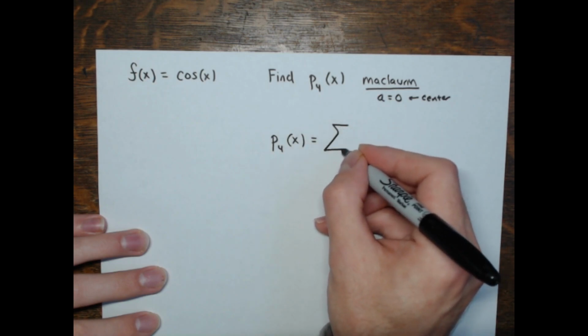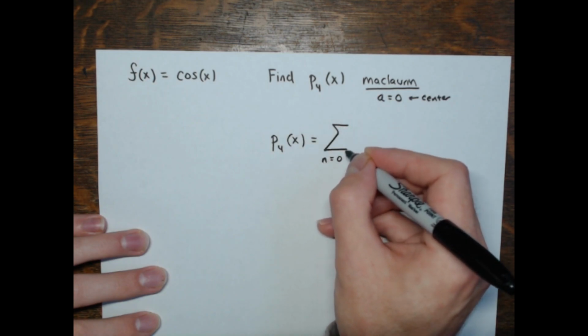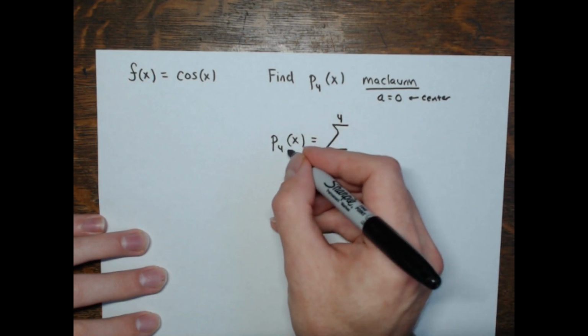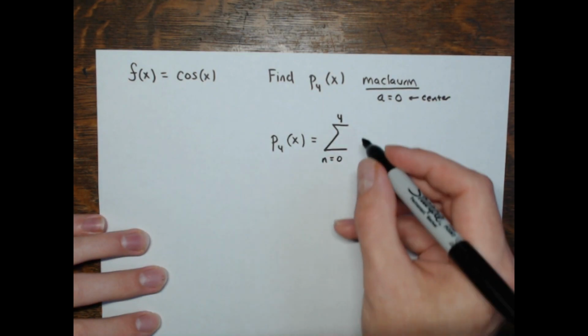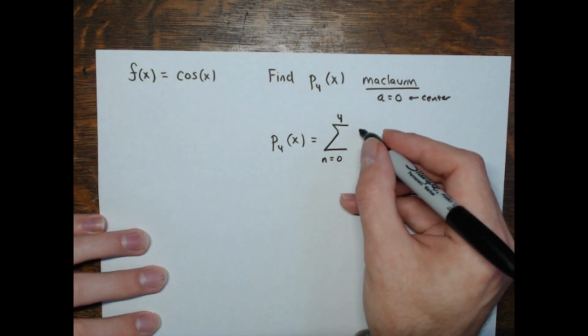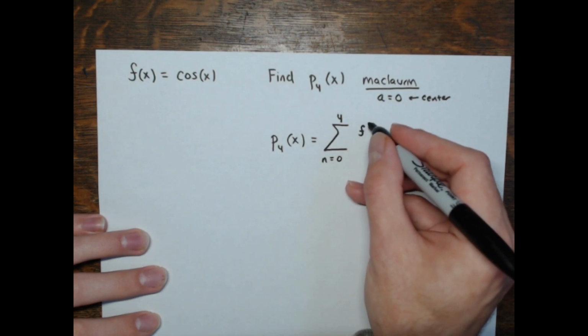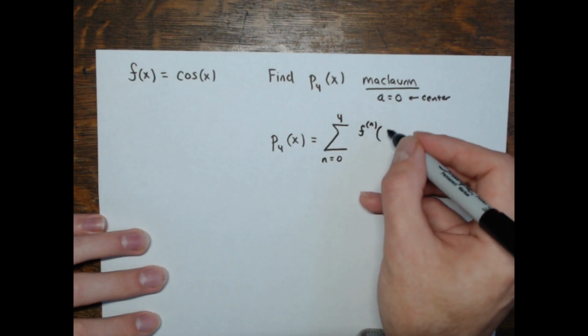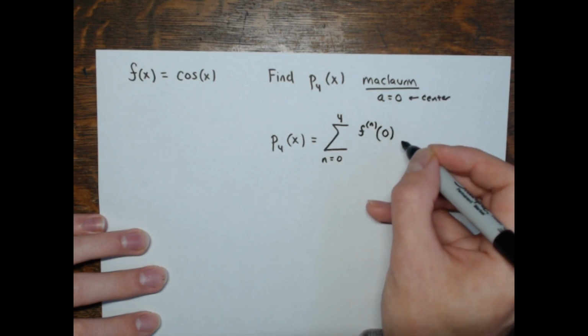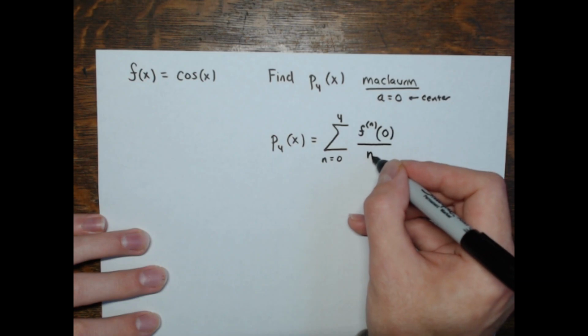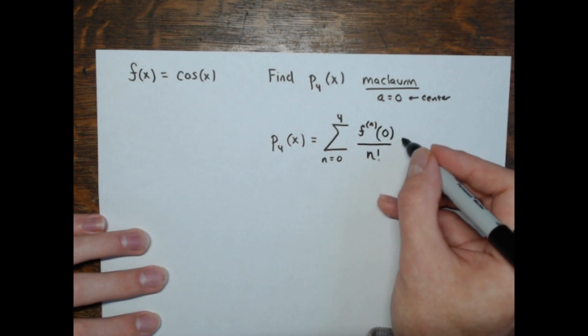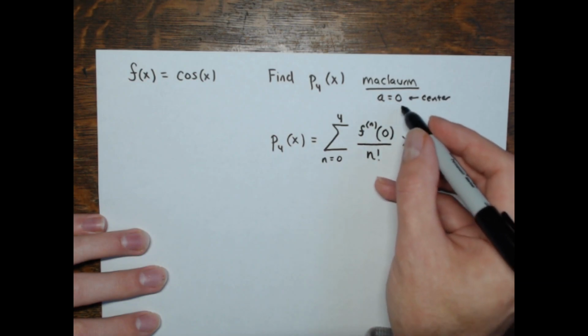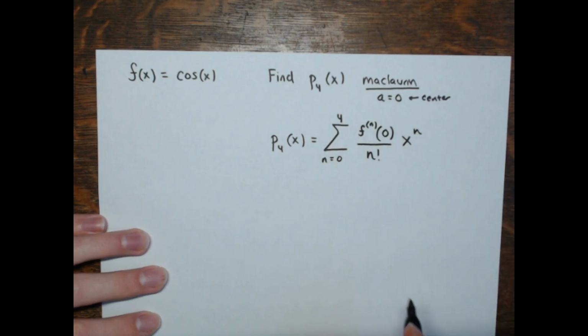You've got the sum from n equals 0 to 4, where we're going to stop at the fourth power. The coefficients all look like this: the value of the nth derivative of our function at the center, which for our Maclaurin is 0, divided by n factorial, and then times x minus the center, x minus 0, so just x to the nth.